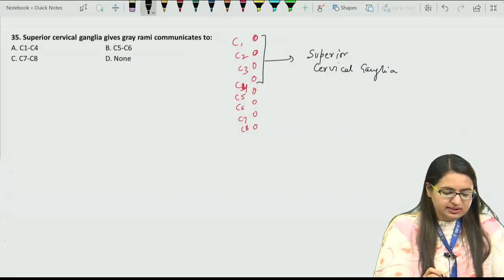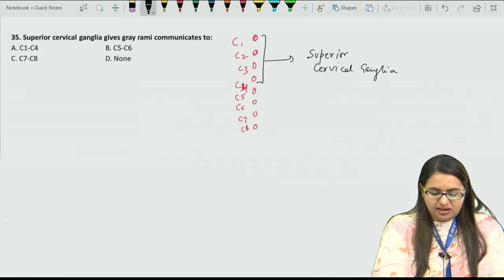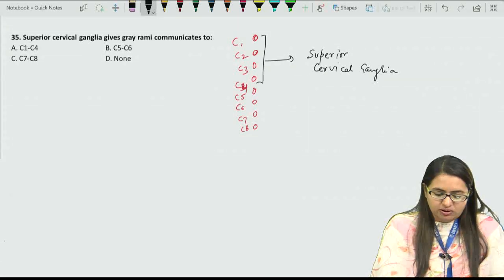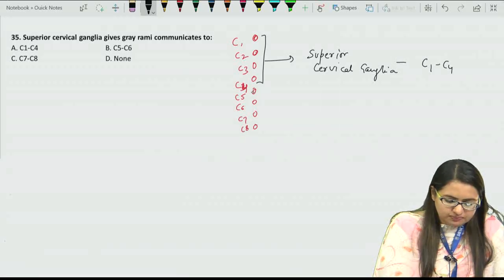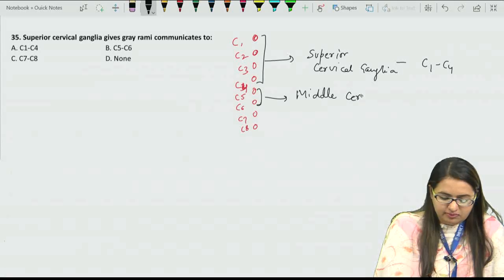So therefore the gray rami communicantes will be arising from C1 to C4, from the superior cervical ganglia. The next two, that is C5 and C6, they unite to form the middle cervical ganglia.